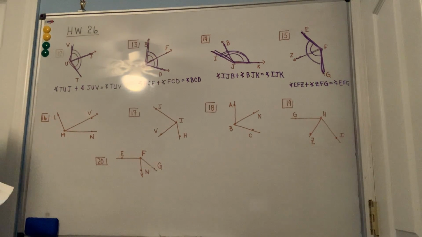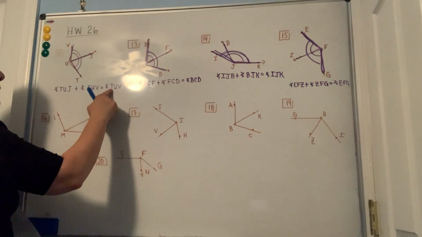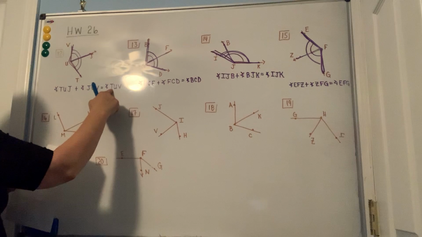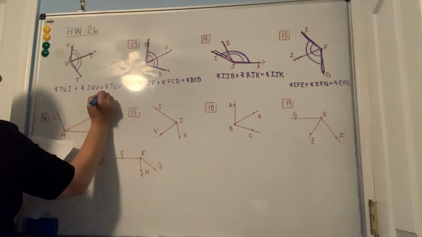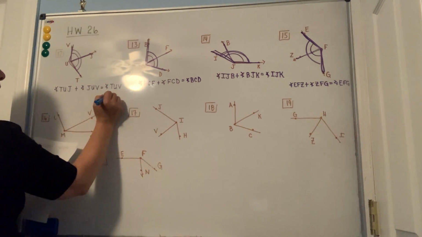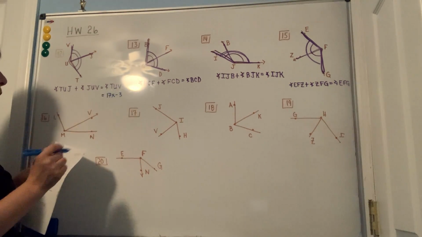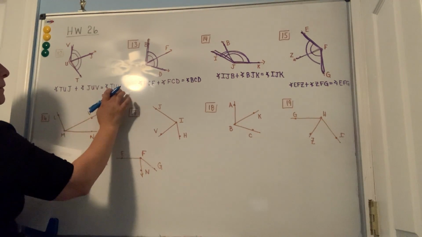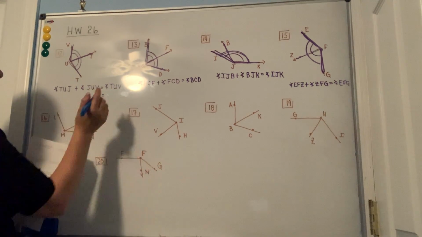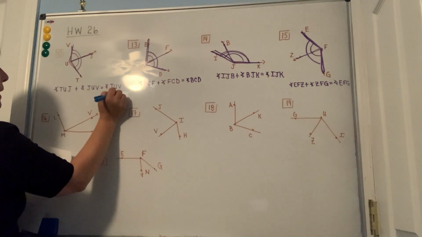Number 12 says angle VUT. You can read it backwards if you want. It means the same exact thing. VUT is 175. Sorry about that, I was reading the wrong thing.